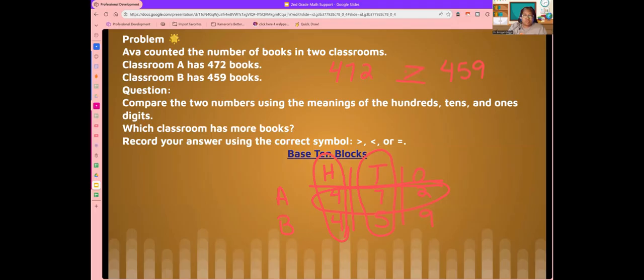So because this opening is facing 472, that means we've written the right inequality symbol, because the pointy edge of this should be pointing towards the smaller number, which it does in this case. So we have now been able to compare these two numbers and record our answers with the correct symbol.